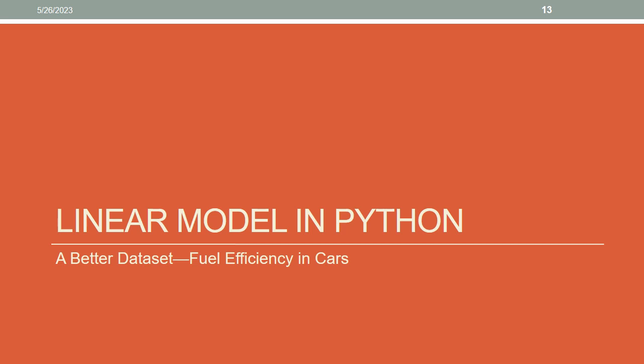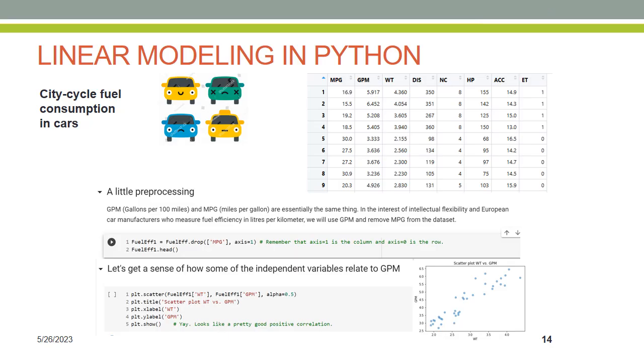Now let's look at linear modeling in a different data set, fuel efficiency in cars. We remember in the fuel efficiency in cars data set that the attribute GPM, which is gallons per 100 miles, and MPG, miles per gallon, are essentially congruent, which means that we can drop one of these in order to make our processing easier and faster.